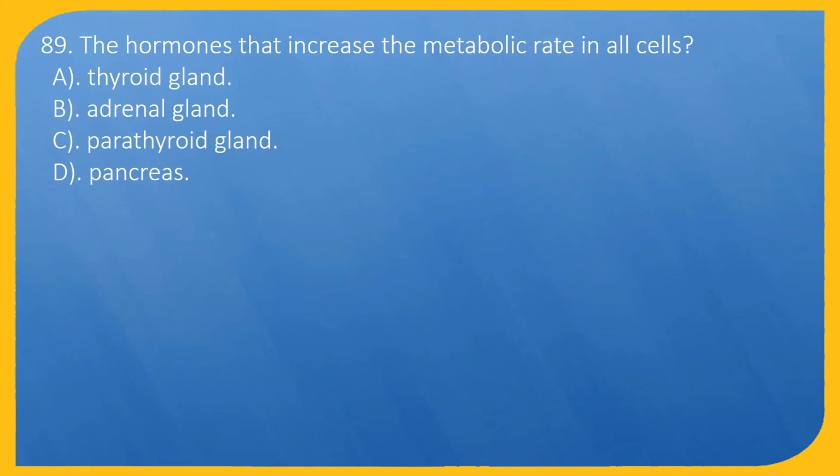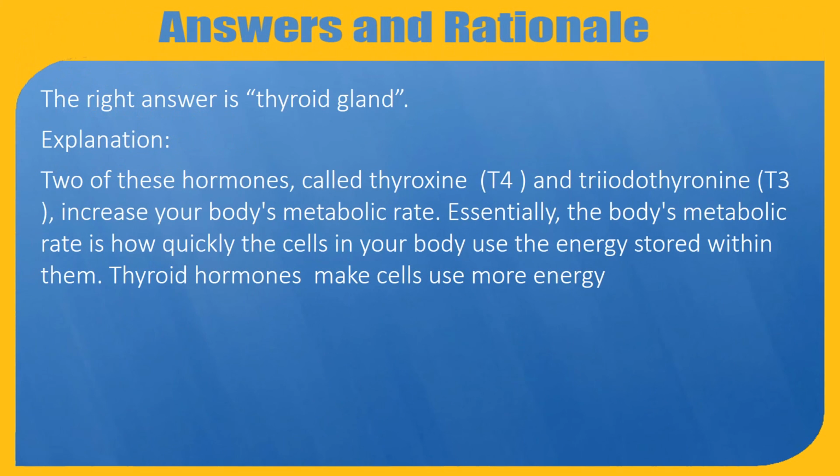Question 89. The hormones that increase the metabolic rate in all cells are produced by: A. Thyroid gland. B. Adrenal gland. C. Parathyroid gland. D. Pancreas. The right answer is thyroid gland.